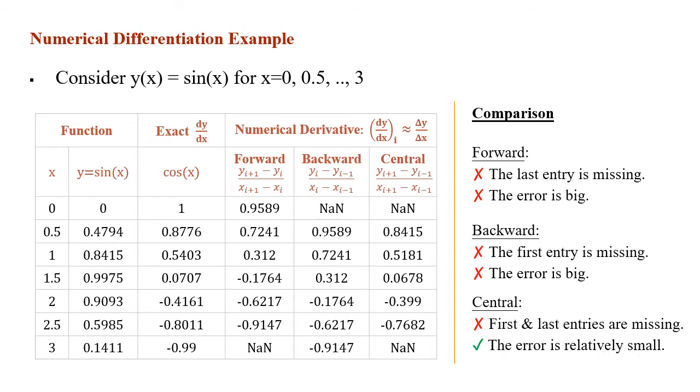And then for the last entry, we can use that of the backward difference derivative. This way we'll have a complete column for the derivative, and it will be close to the exact value.